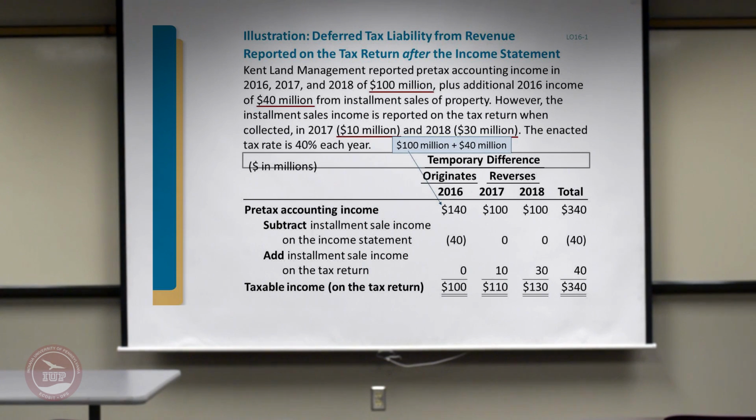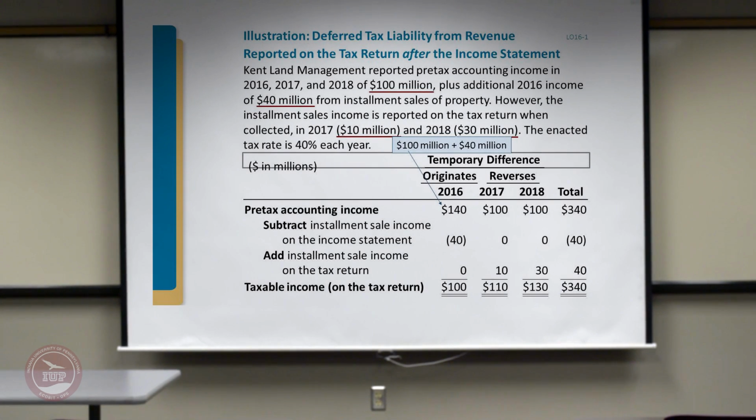So as far as the accounting income is concerned, you have 140 million in 2016, which is basically 100 million plus 40 million from the installment sale. In 2017 and 2018, $100 million is recorded.